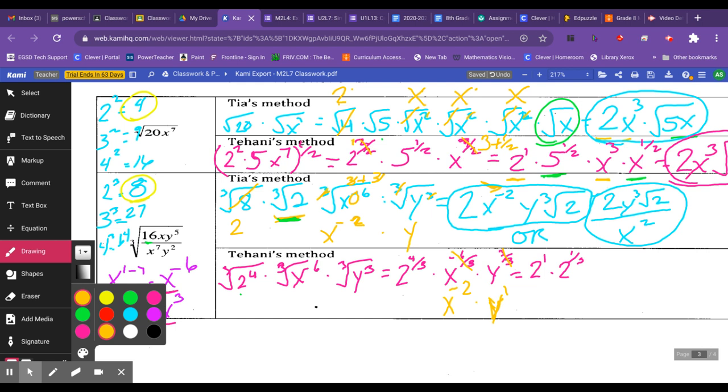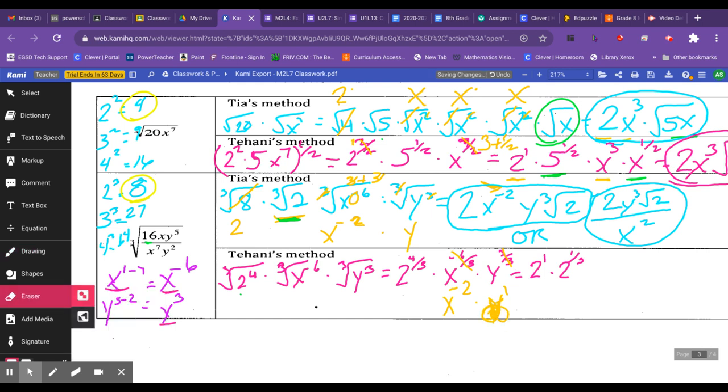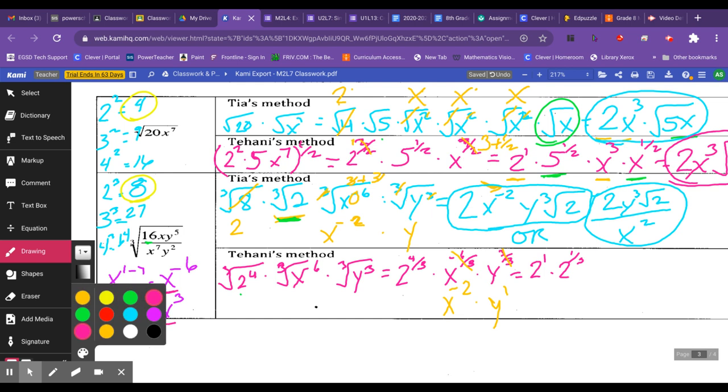So I have y to the first. So I've split up those two. I'm going to go ahead and tack on my times x to the negative 2 times y to the first.